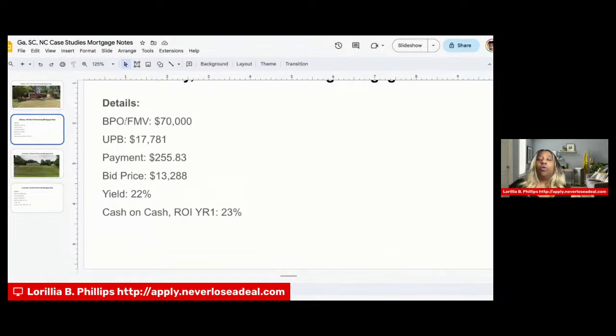The BPO on this asset, based on the bank, is 70K. Unpaid balance of 17,781. The homeowner makes a payment of $255.83. Remember, I mentioned that they make those payments sporadically, and I'm going to give it a bid price of 13,000.